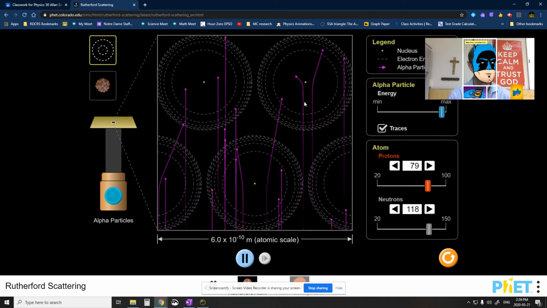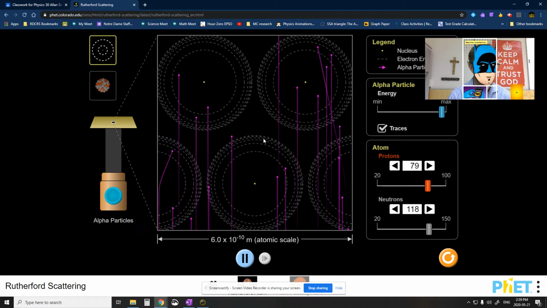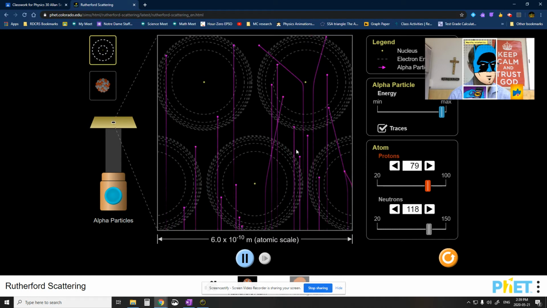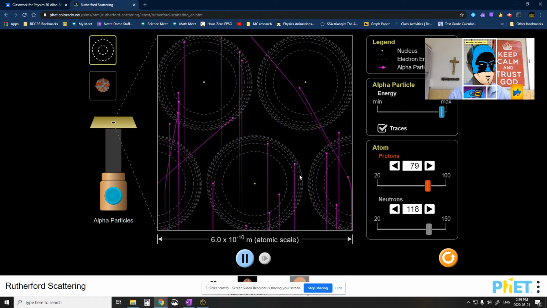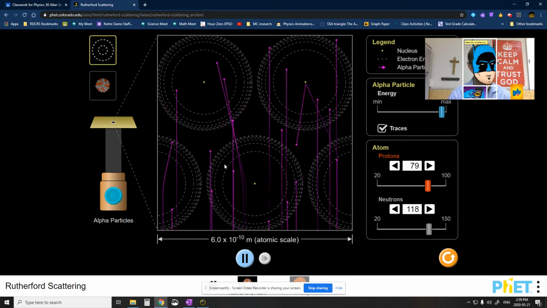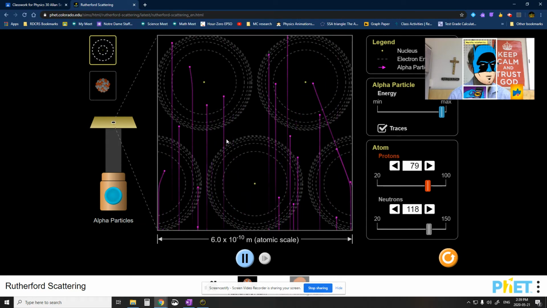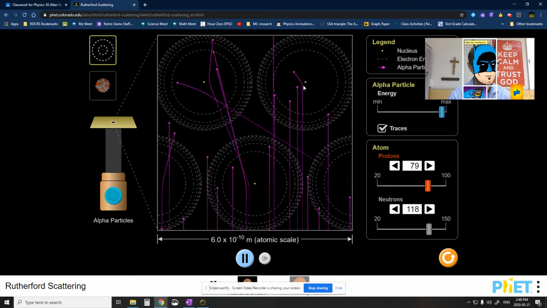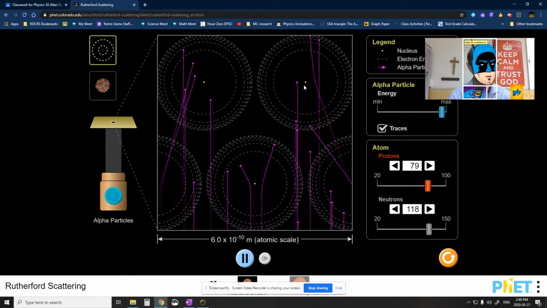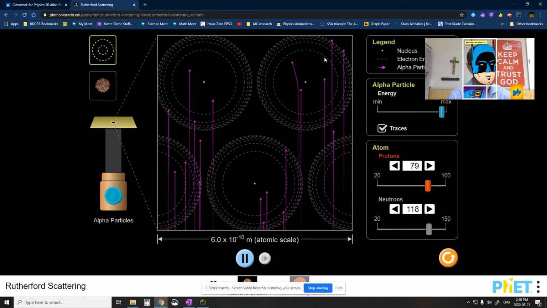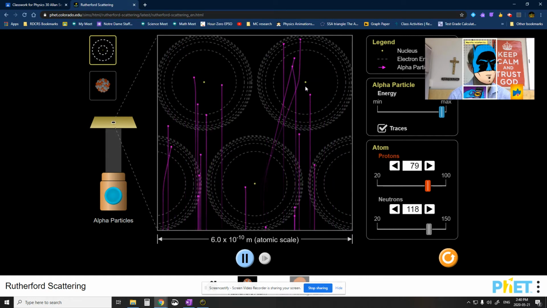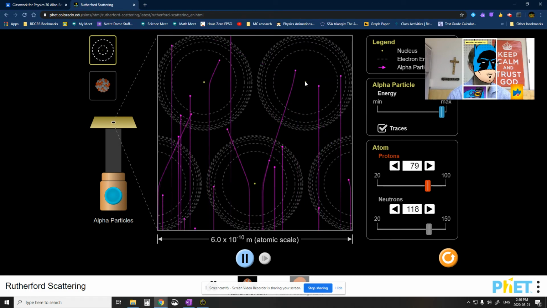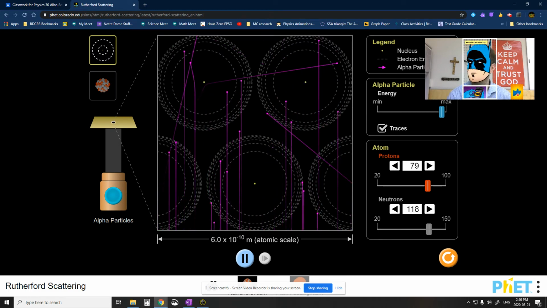So he condensed all the positive fluid to the middle, and these dotted lines are where the electrons would be in his model. Rather than being filled with this positive fluid, all the positiveness was now condensed down to the middle. And if one of these alpha particles got close enough to it, the repulsive force between the positive alpha particle and the concentrated positive nucleus would cause these alpha particles to be deflected.